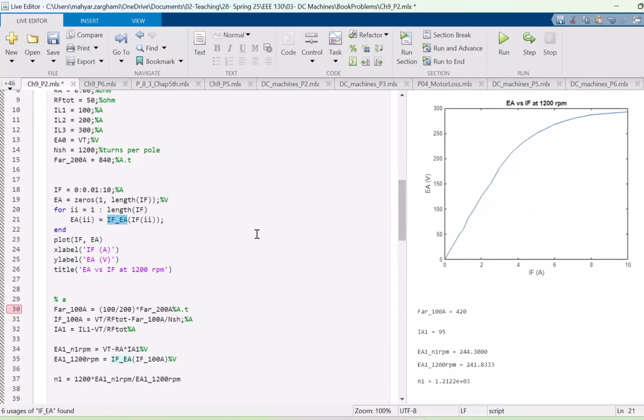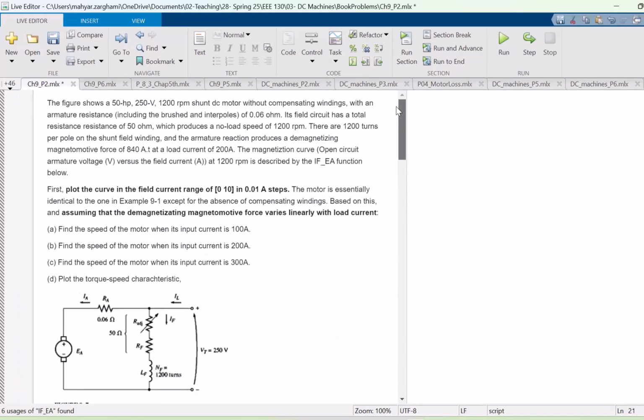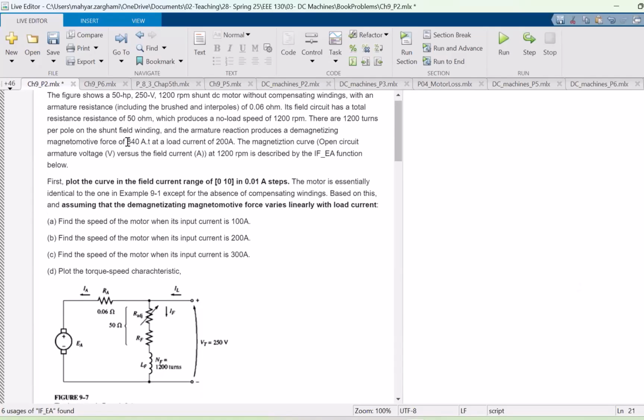Then for part A, we say that the armature reaction is linearly changing. So the more armature current, or the more load current we have, the more the armature reaction would be. If the armature current is 0, then you don't have any armature reaction. It is equal to 840 amp turns at a load current of 200 amps.